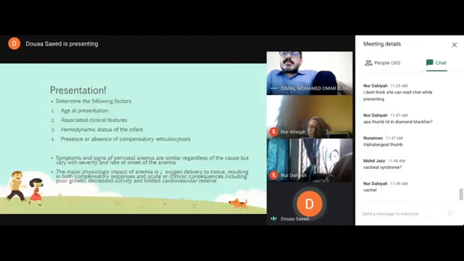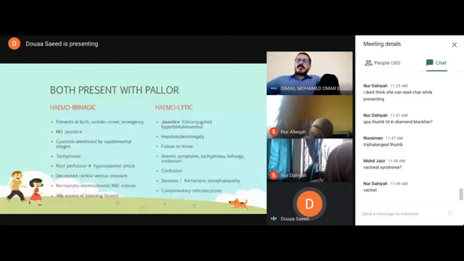So we'll go on to each type of anemia, hemorrhagic and hemolytic. Comparing the first two, both of them will present with pallor. Hemorrhagic presents at birth, can be a sudden onset, and there is no jaundice. In hemolytic, there will be jaundice because of the unconjugated hyperbilirubinemia.